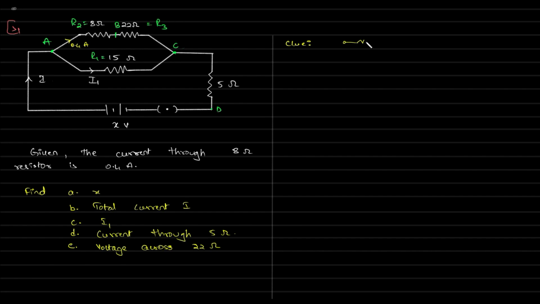So I'll rewrite the figure for you guys, only that part. This is B and C. So we know the current through this, that is 0.4 ampere. We know the resistance. We have to figure out the voltage. It's not that hard. Please try.